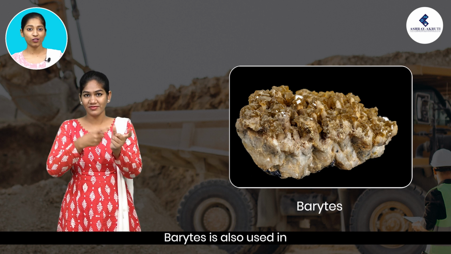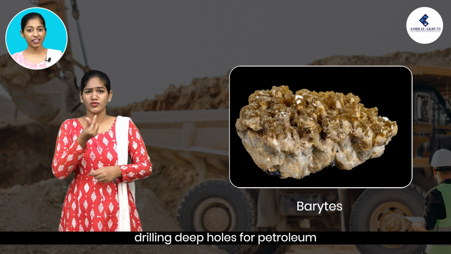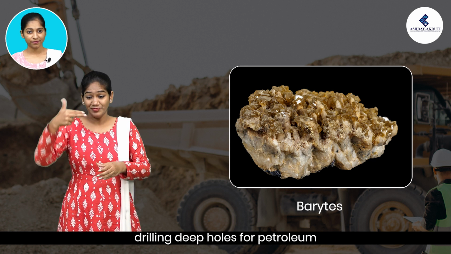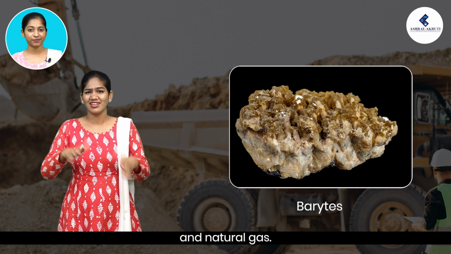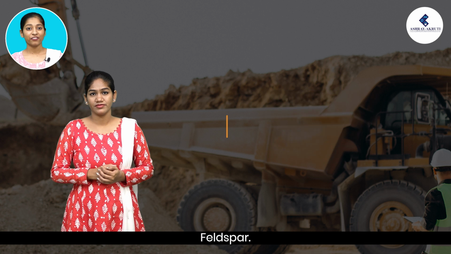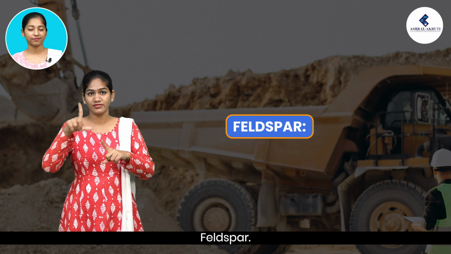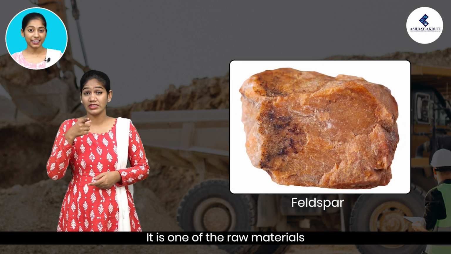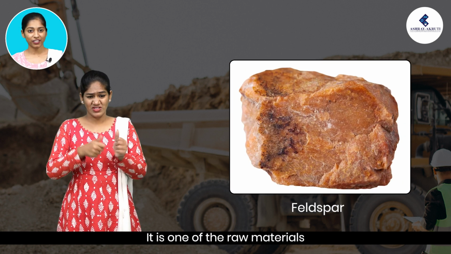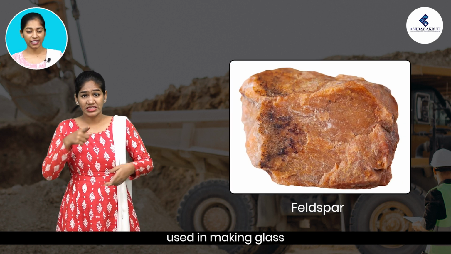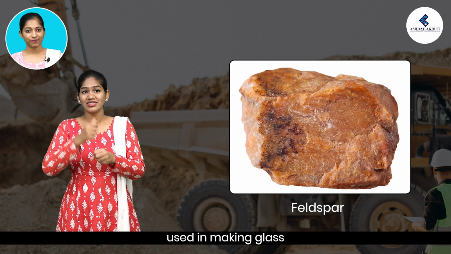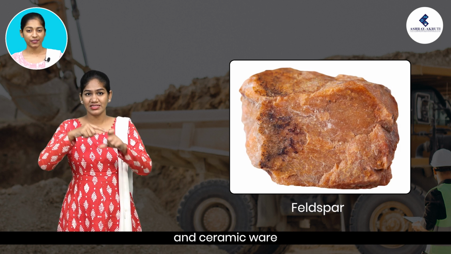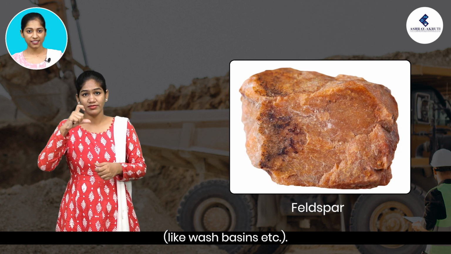Barytes is also used in drilling deep holes for petroleum and natural gas. Feldspar. It is one of the raw materials used in making glass and ceramic ware like wash basins, etc.